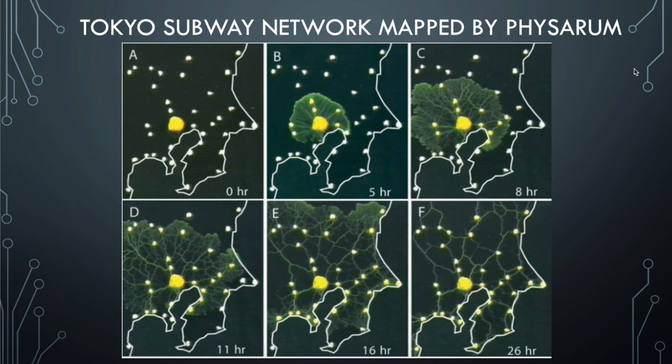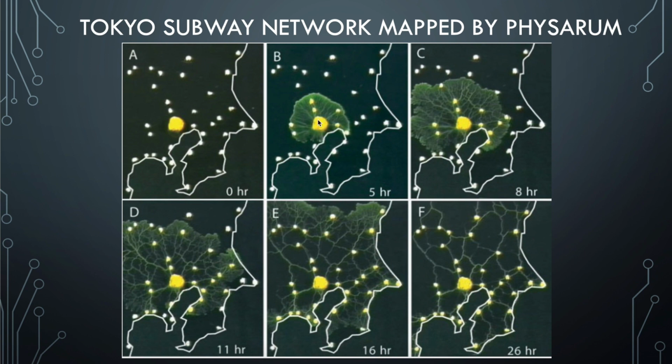So this image shows the Tokyo subway network, how it's been mapped out by Physarum, going from where the Physarum was placed and the different stations away from the Tokyo center to the various cities that the subway connects. And of course, these cities are demarcated by its food source, in this case oatmeal.